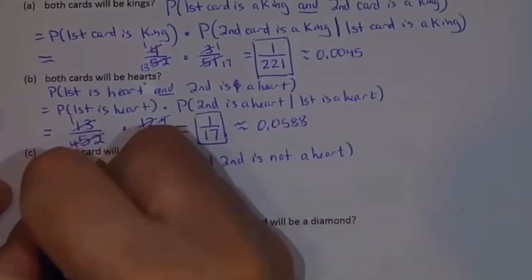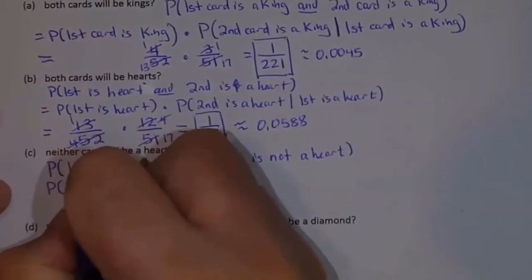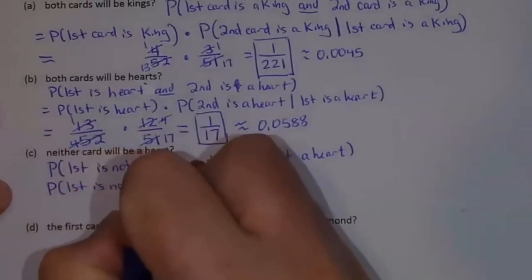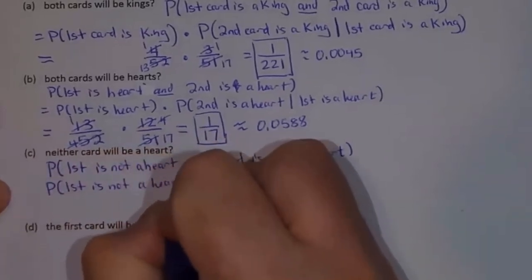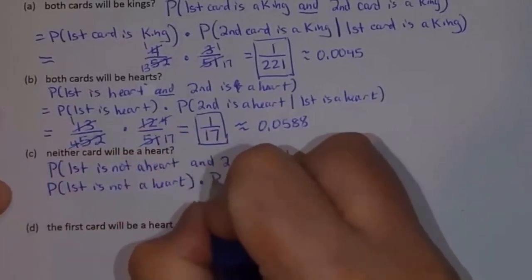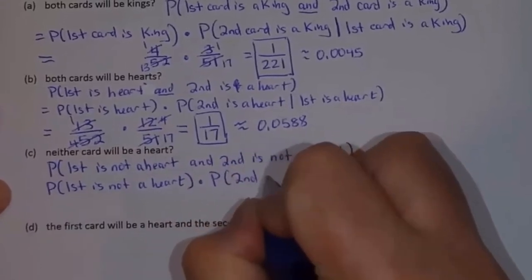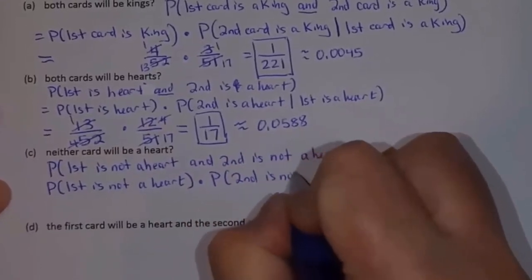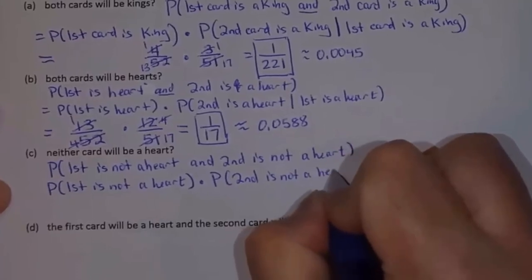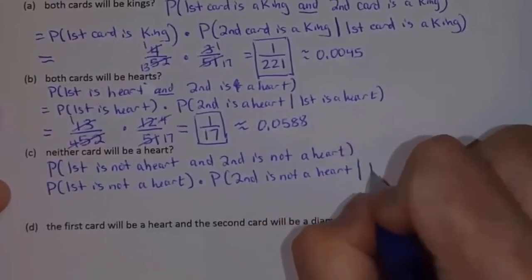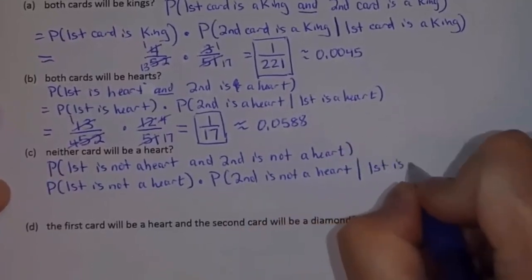Well, that's going to equal the probability that the first card is not a heart times the probability that the second card is not a heart, given that the first card is not a heart.